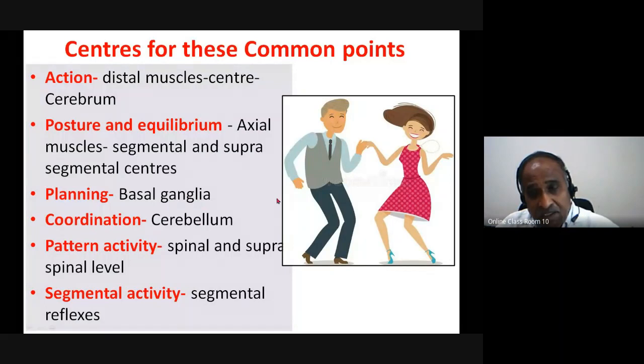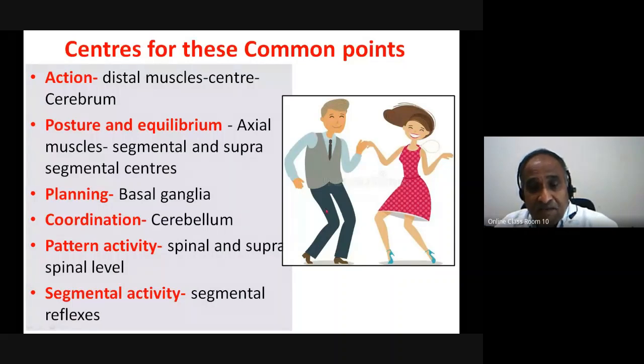Then, because they are not falling down, they are trying to balance themselves, and they are coordinating the muscles, the upper limb, lower limb, and even within the limb there is a coordination of the muscle activity within itself or between them. That coordination is done by the cerebellum.